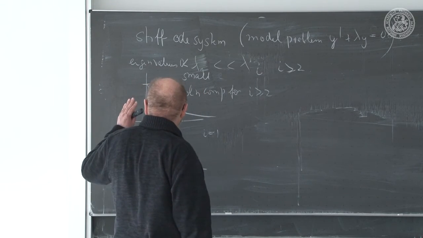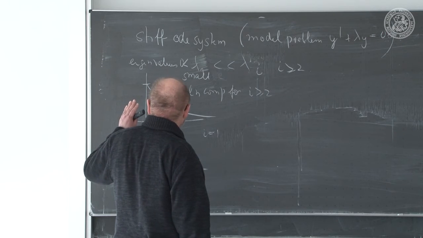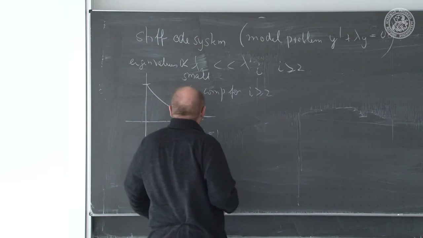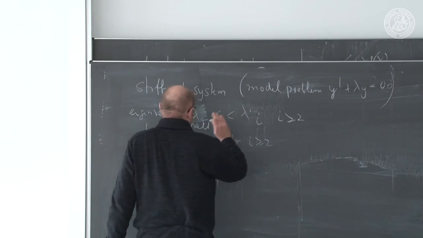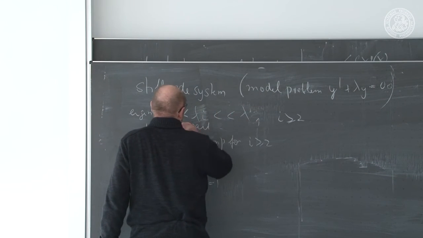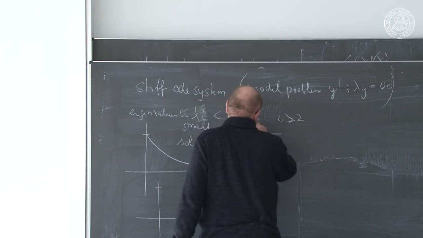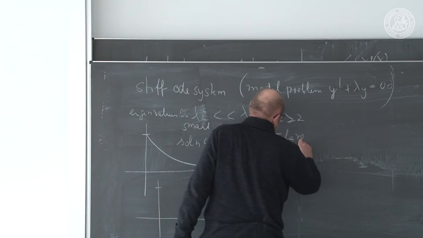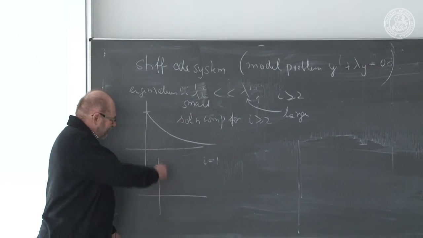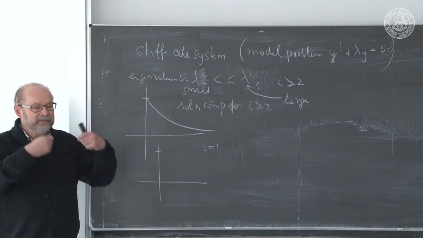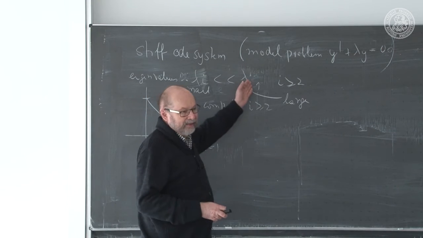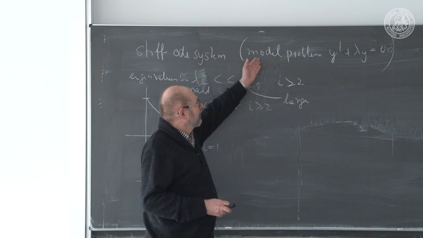Sorry. Do I do it correctly, or maybe I just have to look at it the other way around? Sorry, it must be the other way around. Here and here, and this is then large. This is what I mean. So what do I have to draw here? How does the solution component now look for a very large lambda 1 for this equation?